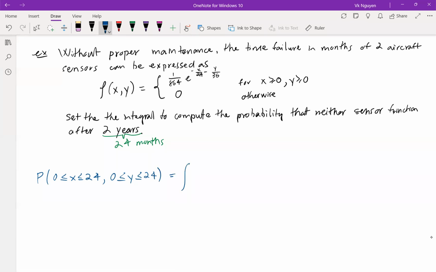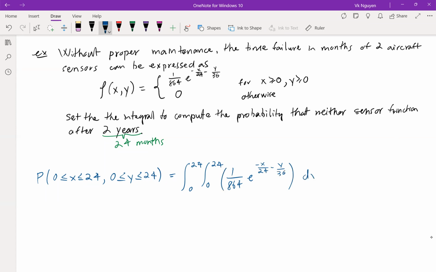Okay. Well, 0 to 24, oh, they're the same, so it doesn't matter which one goes first. 1 over 864 e to the minus x over 24 minus y over 36.